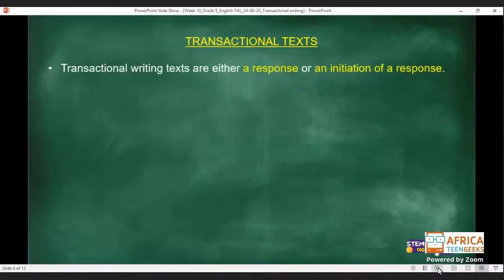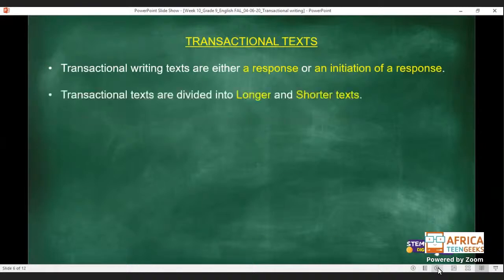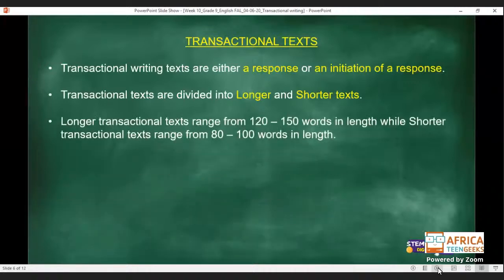So just another recap of transactional text. Transactional texts are either a response or an initiation of a response. And they can be long or short. They range between 120 to 150 words if it is a longer transactional text, and if it's a short one, it's between 80 to 100 words.